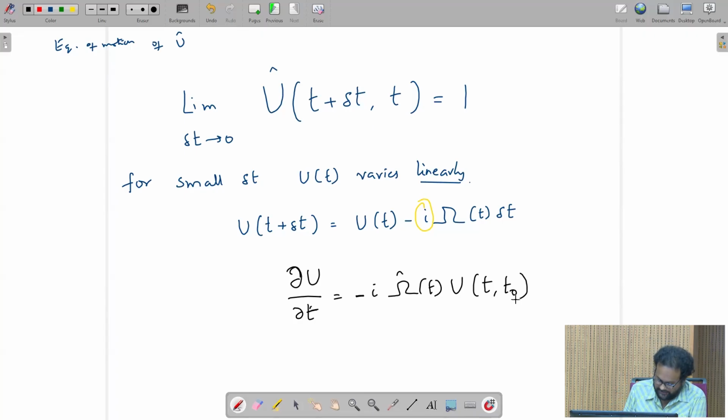If I write my sigma, actually it's related to my Hamiltonian. Then I should write this as i h cross d over dt.